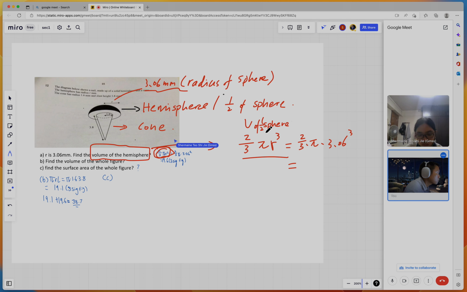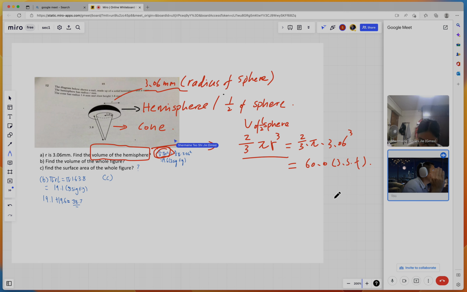Half. 60.03, to 4 significant figures. Nice.